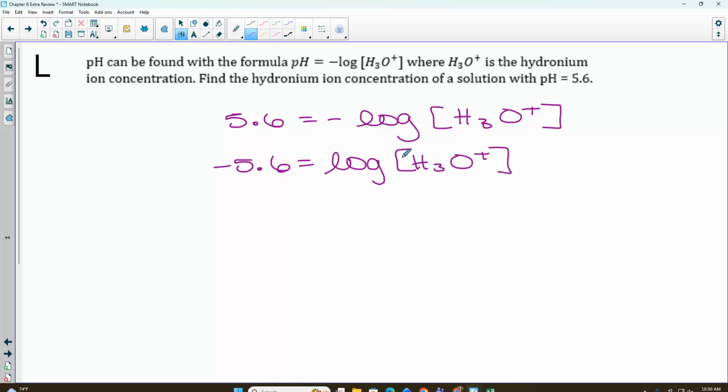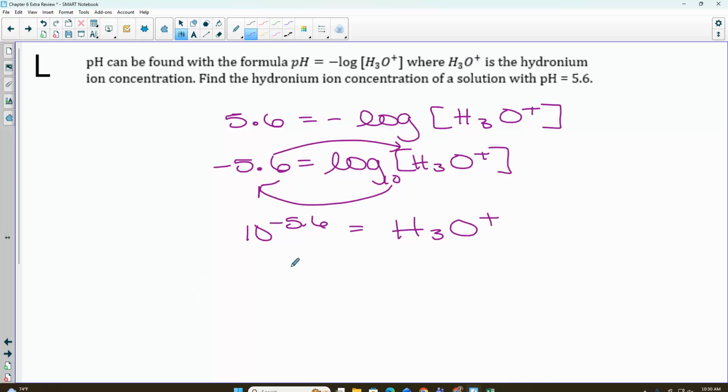What's the base of a log? So if I write this in exponential form, we have 10 to the negative 5.6 equals H3O plus. I type that in, I get 2.5 e negative 6, which means 2.5 times 10 to the negative 6th power.